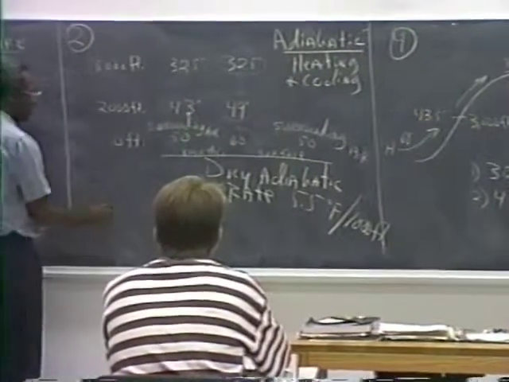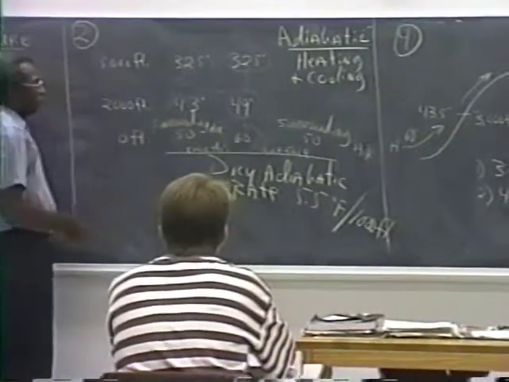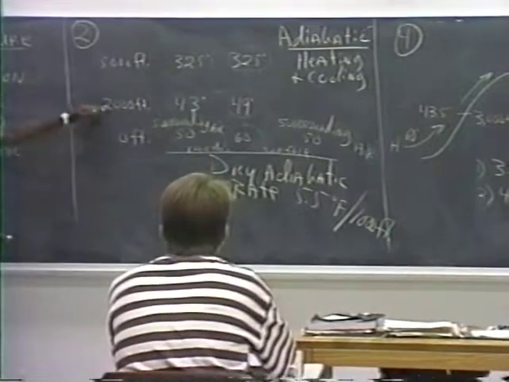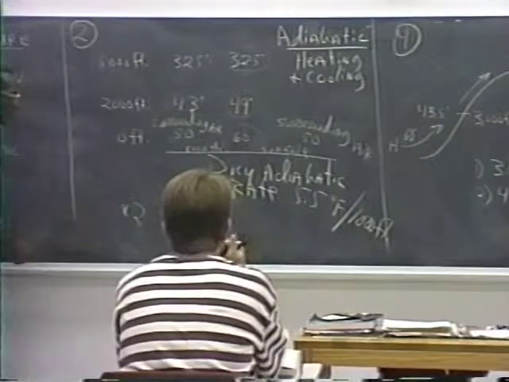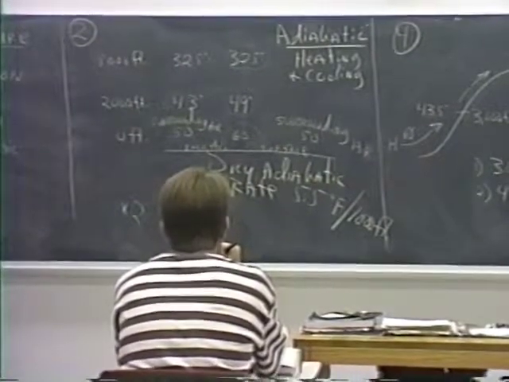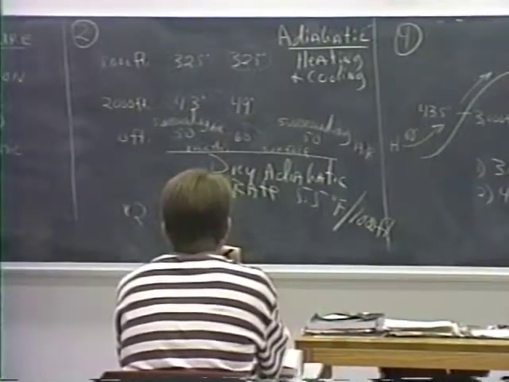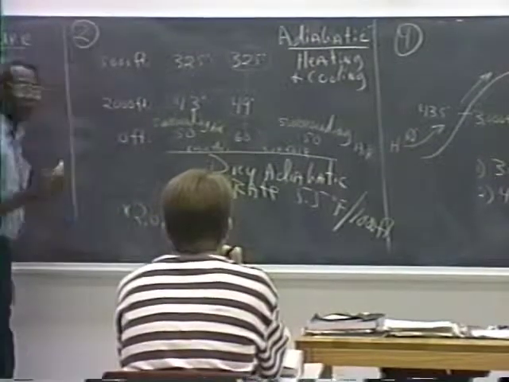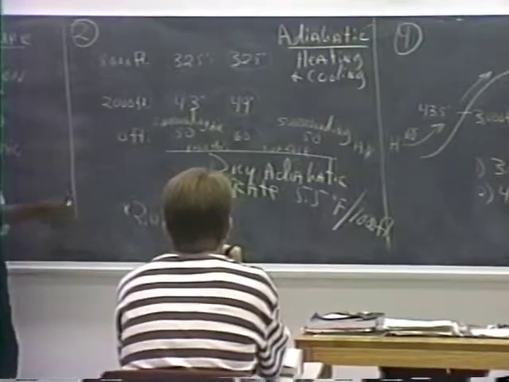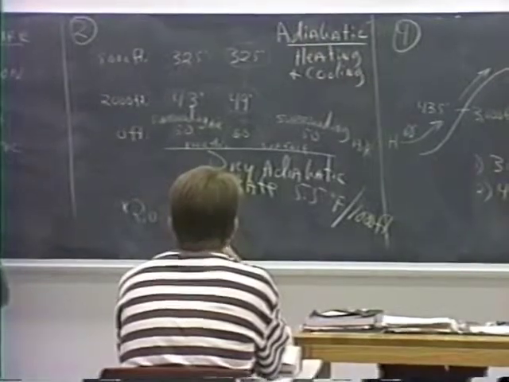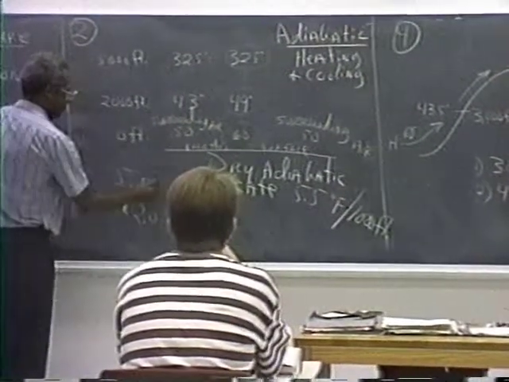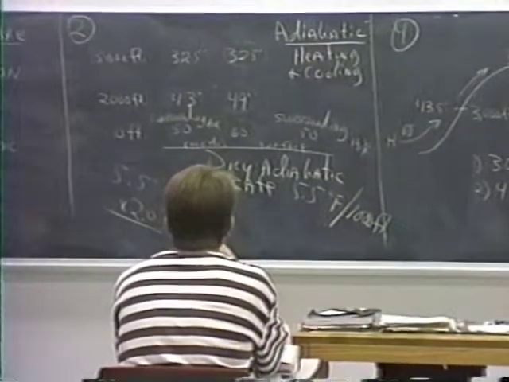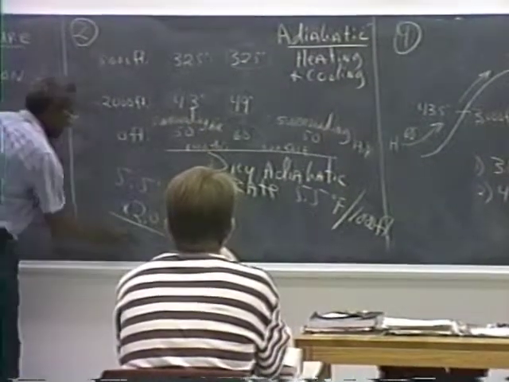And this is the procedure. If you want to find the temperature of rising air, for example, at 2,000 feet, you take the elevation, you multiply the elevation in decimals, 2.0 or 2, times the dry adiabatic rate. The dry adiabatic rate is 5.5 degrees Fahrenheit per 1,000 feet.